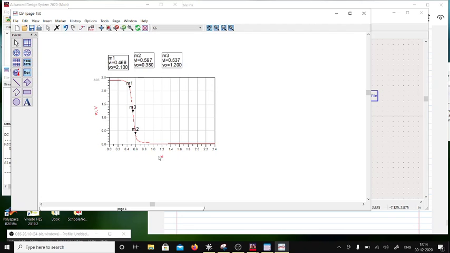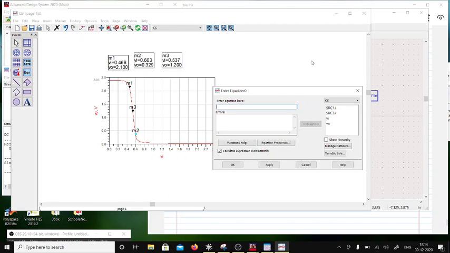Okay, let's find out what the gain is. Equation gain, so gain as a pure number would be equal to M2 minus M1 divided by independent of M2 minus independent of M1.